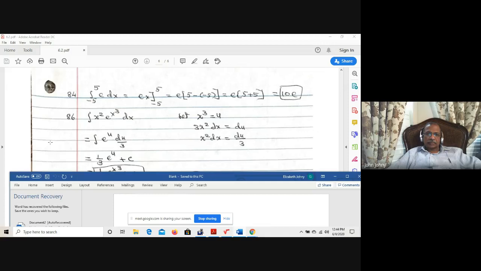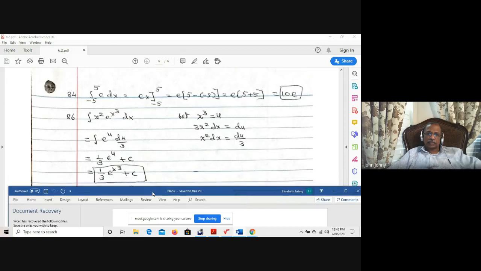So this expression becomes e to the u times du over 3. So 1/3 is a constant and the integral of e to the u is e to the u. There is a plus c, and now replace u. u is x cubed. So the answer is 1/3 e to the x cubed plus c.